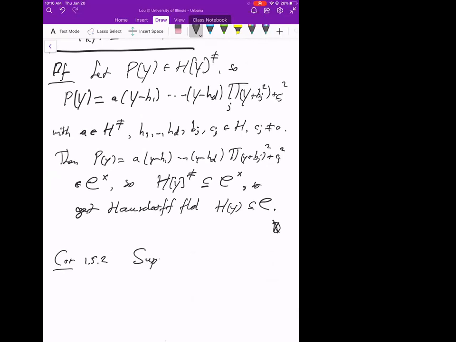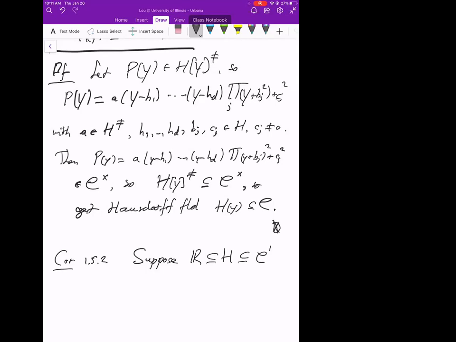Suppose R is contained in H. So now I make this extra assumption that all the real numbers are in H, which a Hardy field automatically satisfies, and I also assume that all the germs are C1.